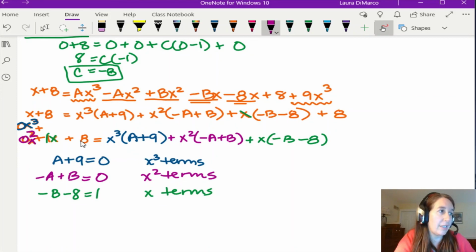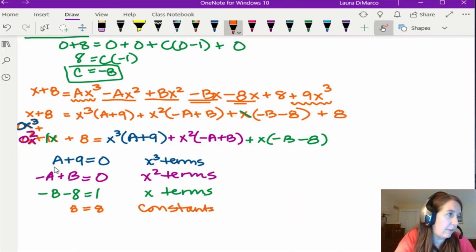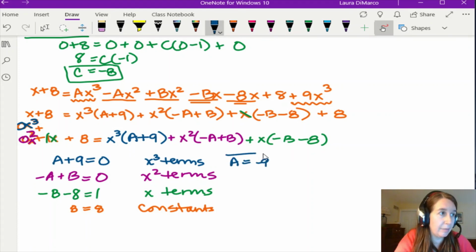Finally, you have the constants, and you do have 8 equals 8, but I think we already knew 8 equaled 8. So that's the constants. It's true. We're happy. Okay, now these are very simple equations to solve. If you can come up with them, you can solve them. So A is equal to negative 9.